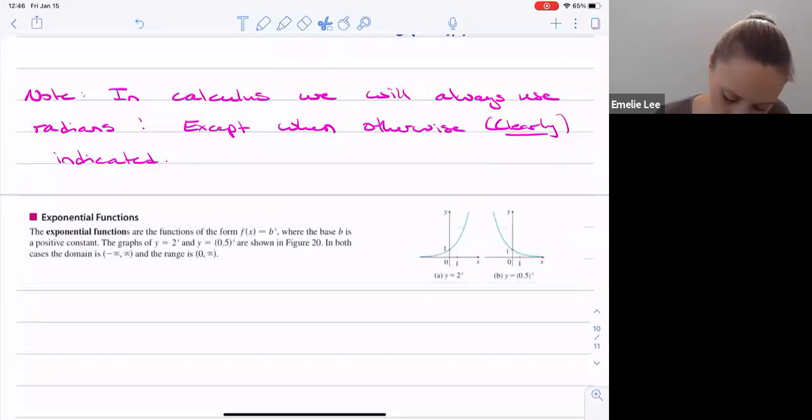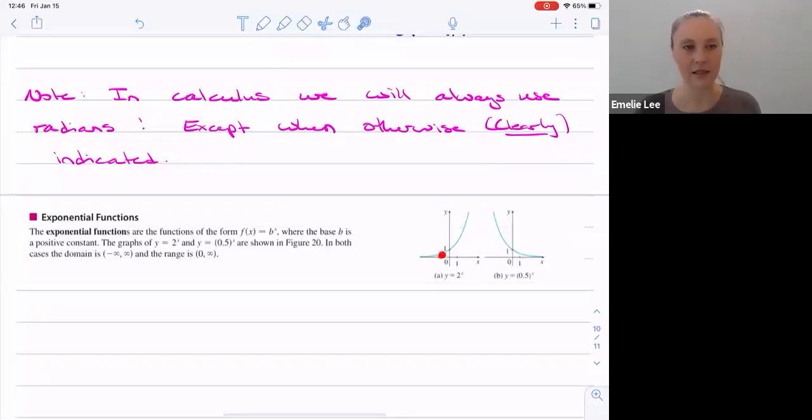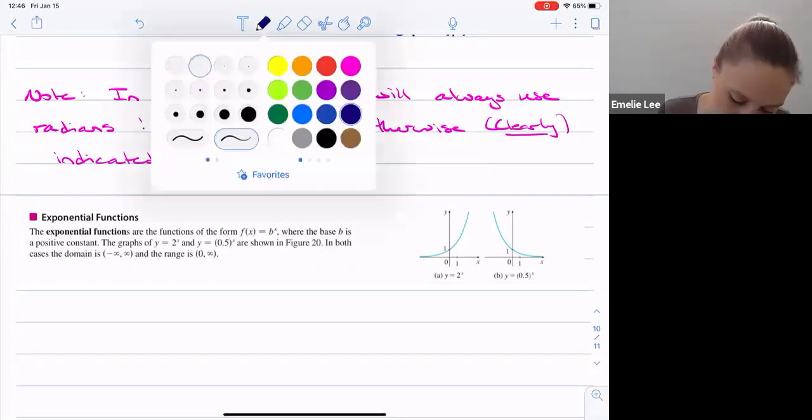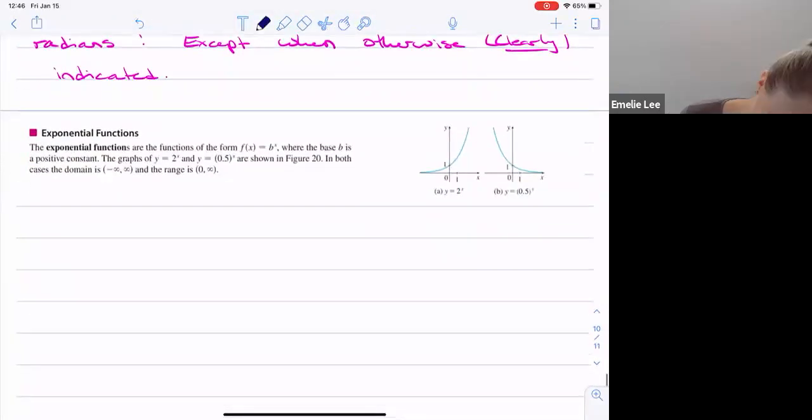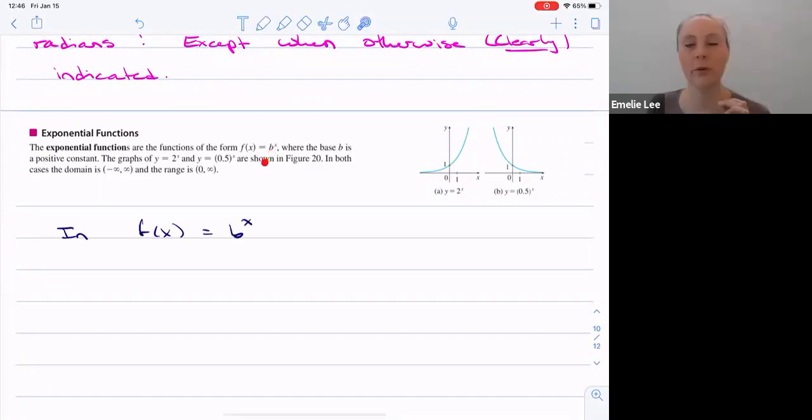So exponential functions can take on two shapes, and it depends on what the base looks like. If the base is greater than 1, then you've got exponential growth. In f of x equals b to the power of x, notice that before, when we were talking about power functions, the x was the base and we were varying the power.